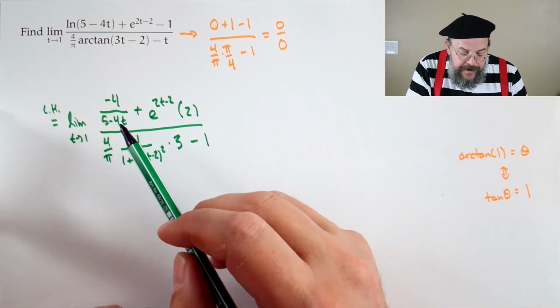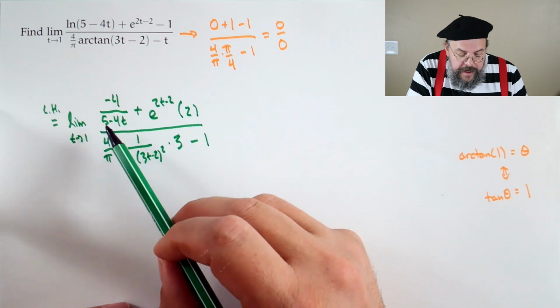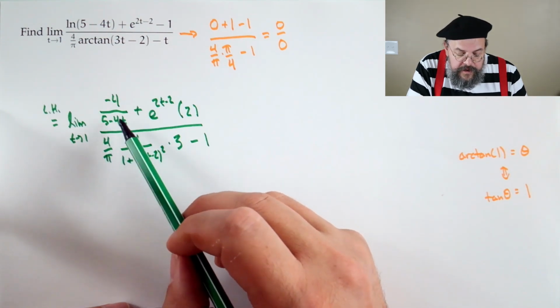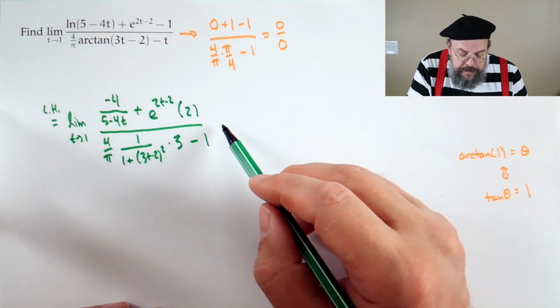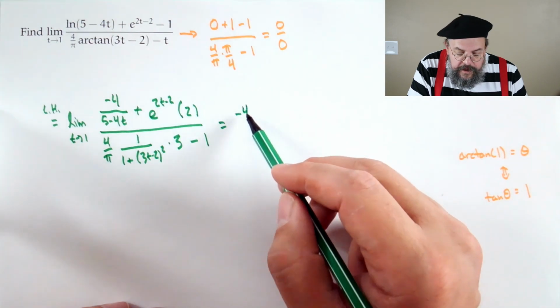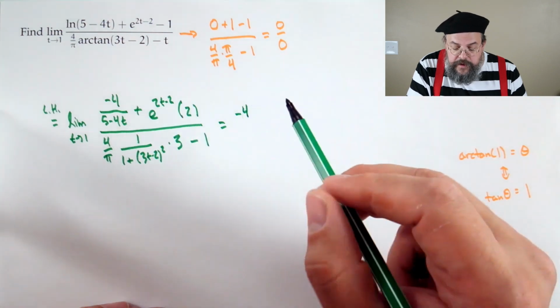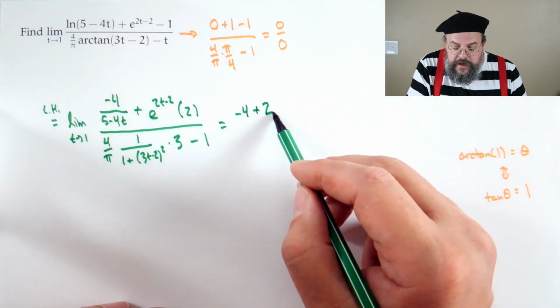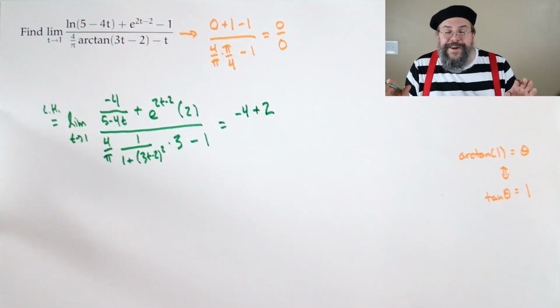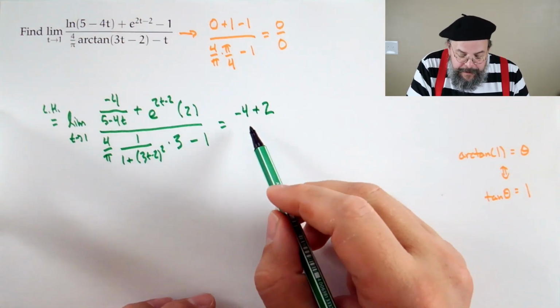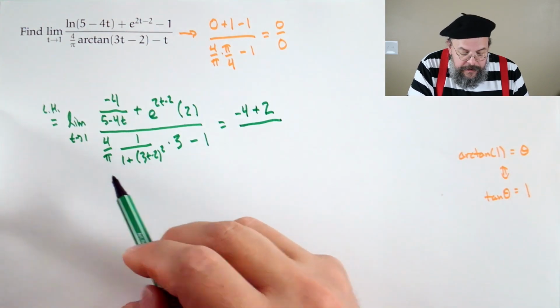When we plug in 1, we have 5 minus 4 is 1, so we get negative 4. That looks pretty promising. Then we're going to get e to the 0 again, which is 1, times 2. So negative 4 plus 2. Now, definitely, we're done. Whatever happens, happens right now, because we're not 0. How about the downstairs? Well, 4 over pi.